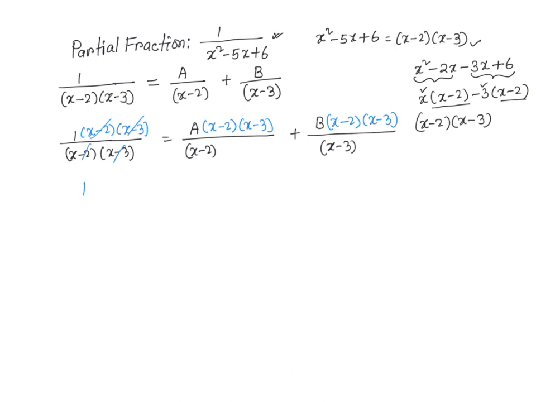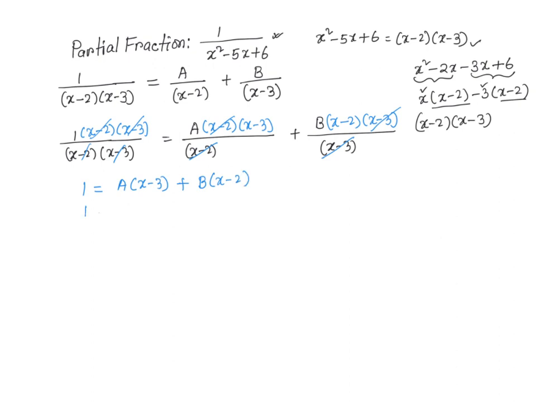That gives you just 1. And on the right, look, x minus 2 cancels out. That gives me a times x minus 3. Plus, x minus 3 cancels out. That gives me b times x minus 2.